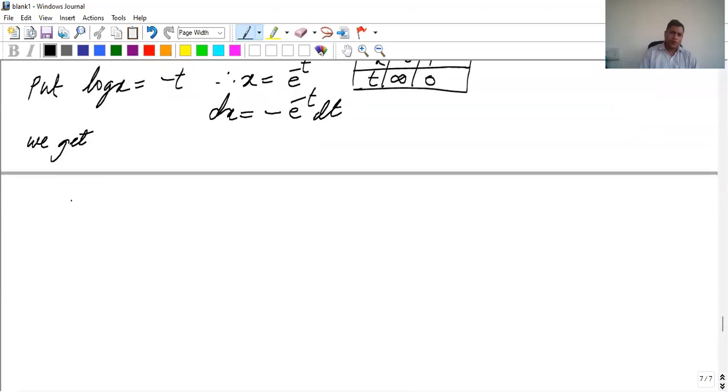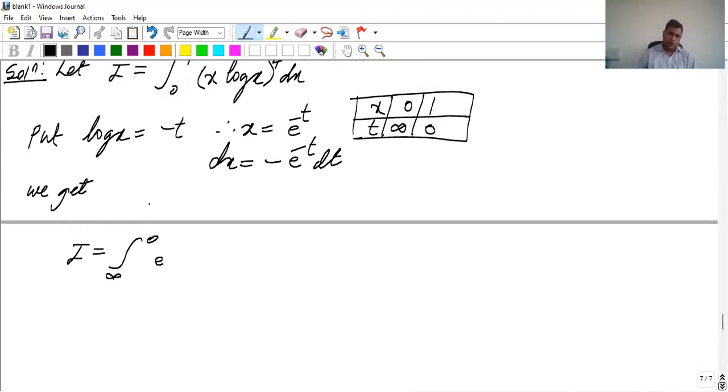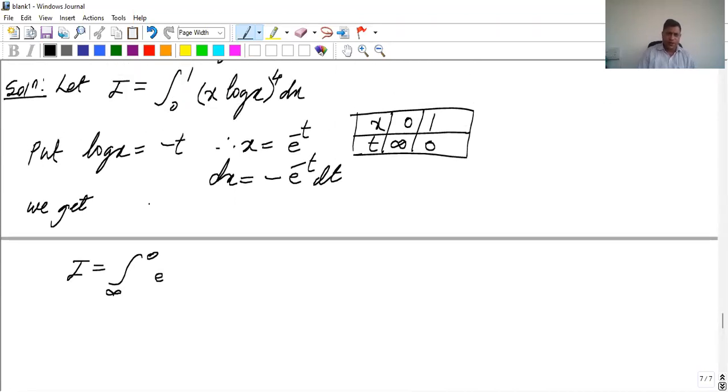So I is equal to the integral from infinity to 0.